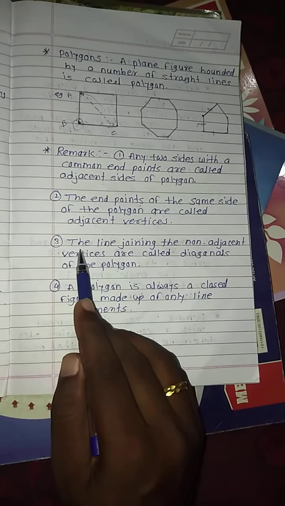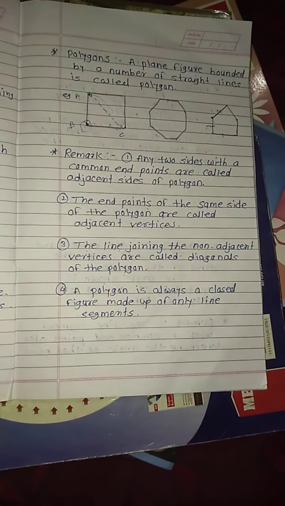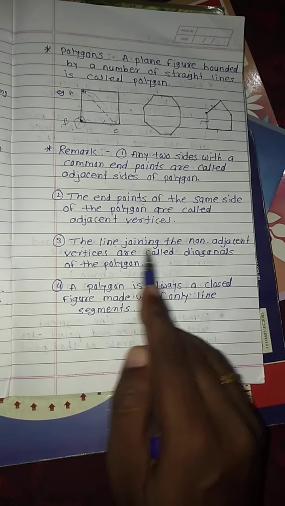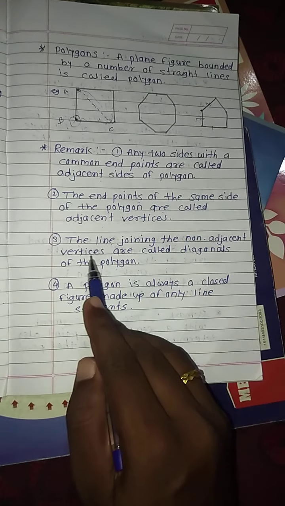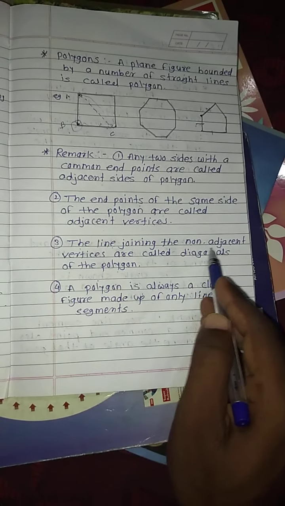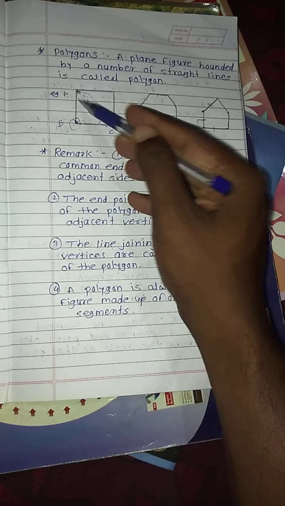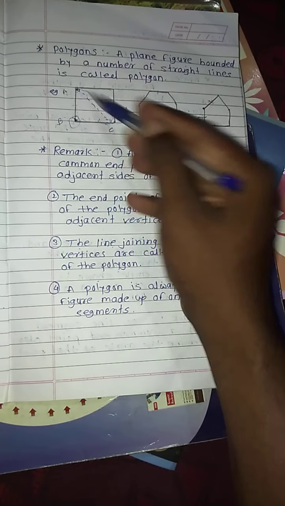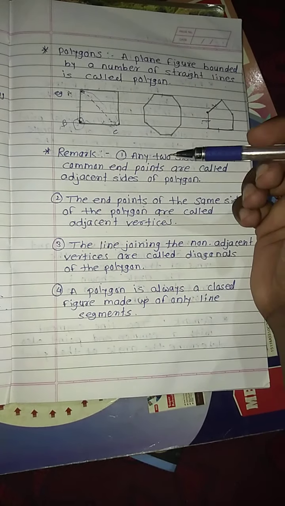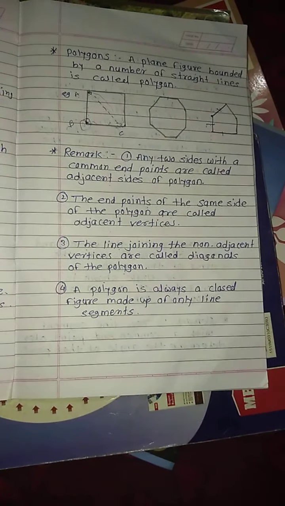I hope you understand, the line joining the non-adjacent vertices. These are non-adjacent vertices. A and C are non-adjacent vertices. Then we can say that AC is a diagonal.